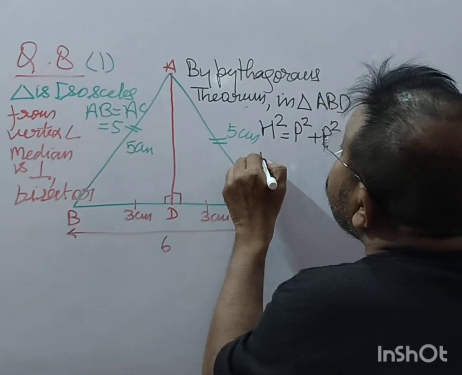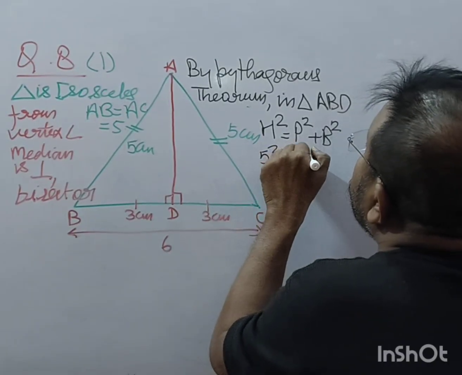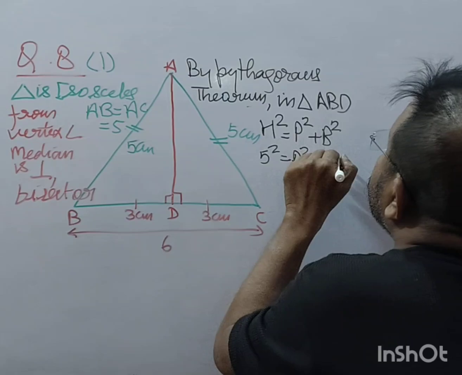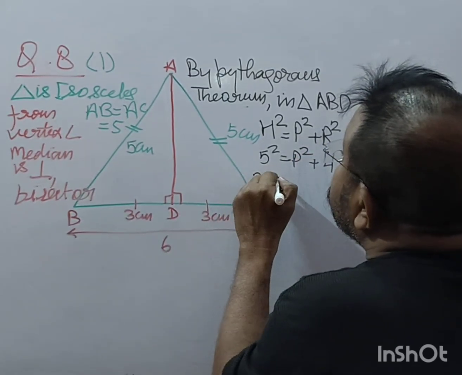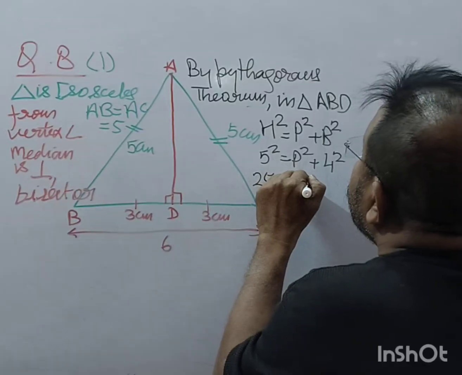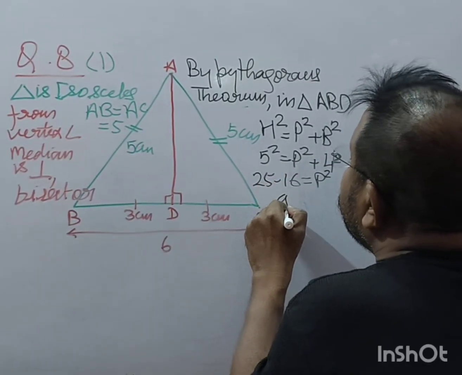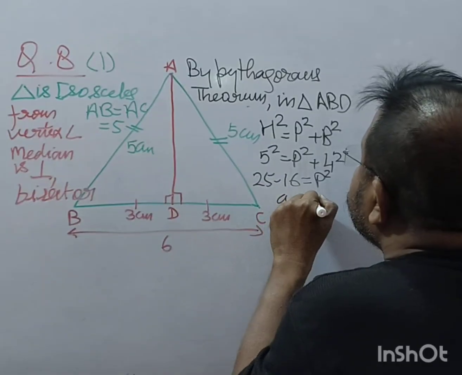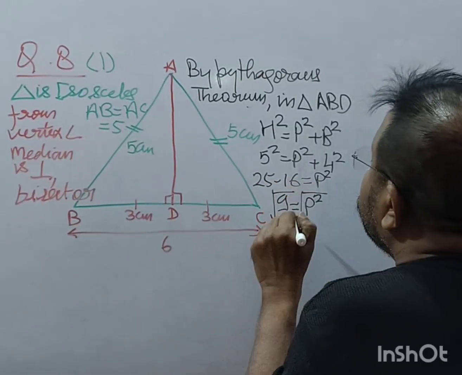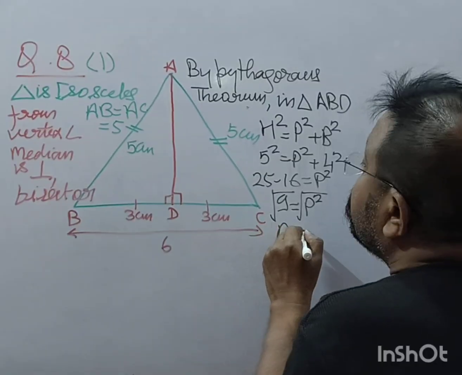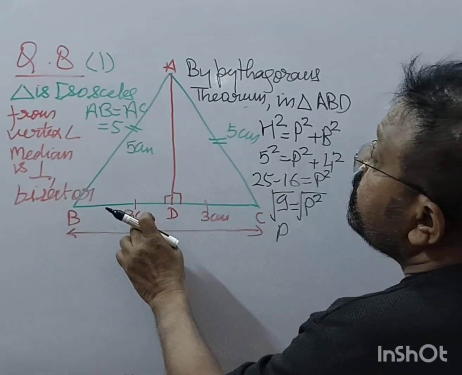So 5 square is equal to perpendicular square plus 4 square. So it becomes 25 minus 16 is equal to p square. So 9 is equal to p square. Taking root over both sides, p is equal to... no, sorry, base is 3.